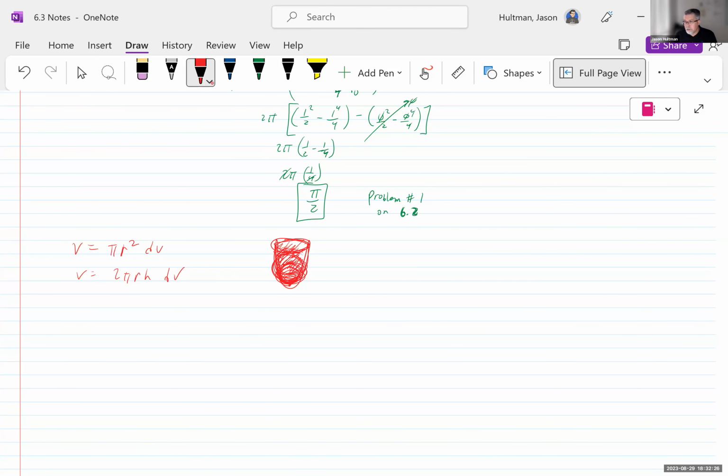Okay, and these would be solid discs. If you wanted some sort of cup, you'd have to slice it off or something, use the washer method. So you're not using the inside, you're only using this, and you're going to rotate that about some sort of common axis.